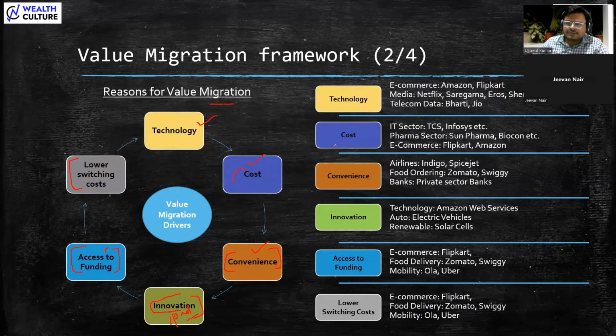So look at some examples because, for example, in technology, in e-commerce, we are seeing two players come out, Amazon and Flipkart. It's a technology play in some sense. It's also a convenience play because it's delivered right to your doorstep at costs which are lower than the market, right?